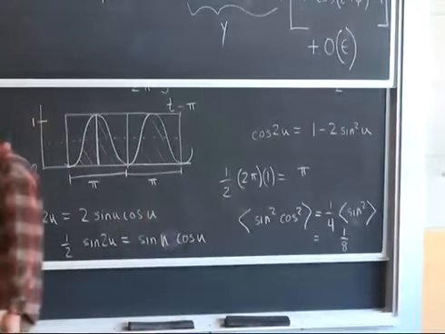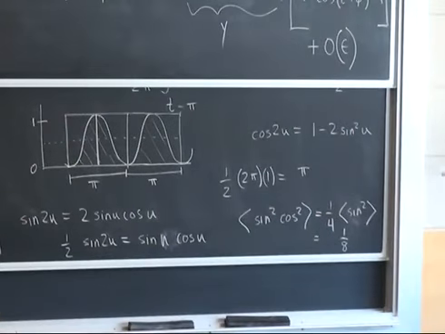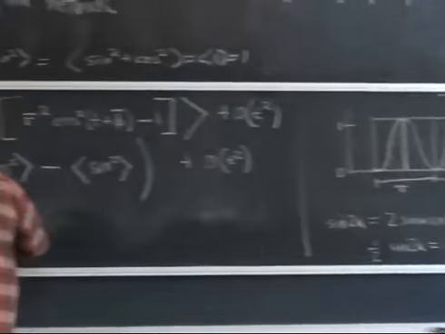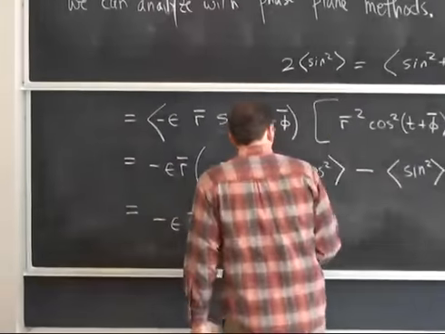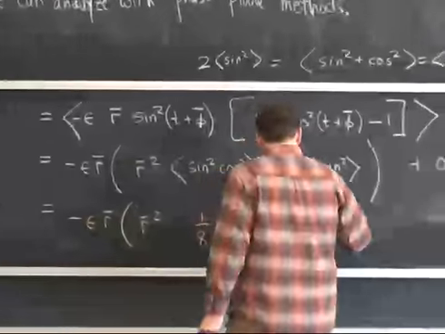So again, you can do those integrals by hand if you want, but the quick answer is that these averages come out to be minus epsilon r bar squared. This one I know is 1/8. Minus, this one I know is 1/2.